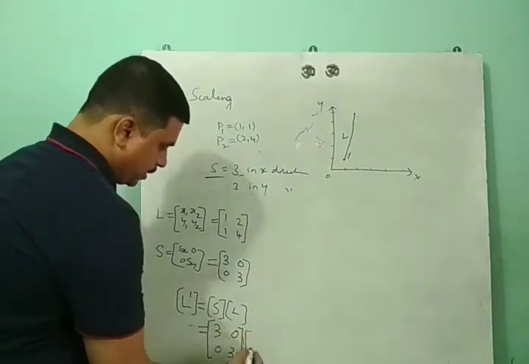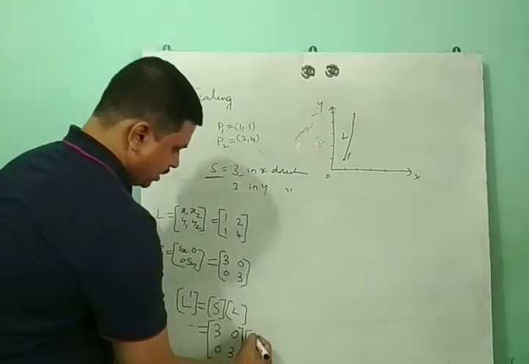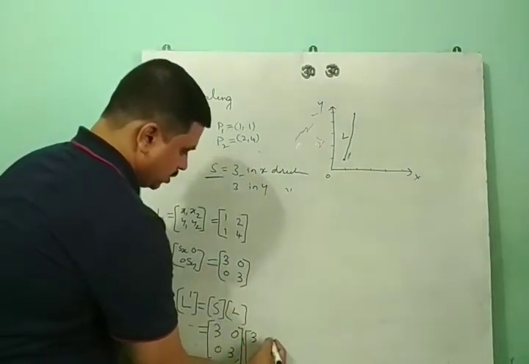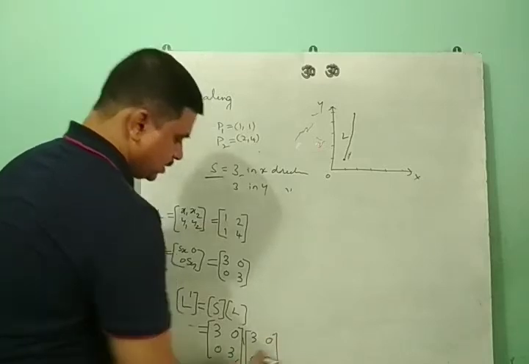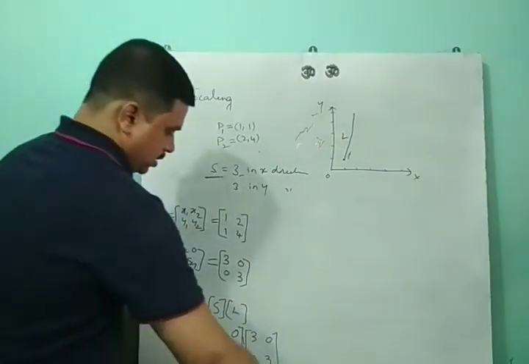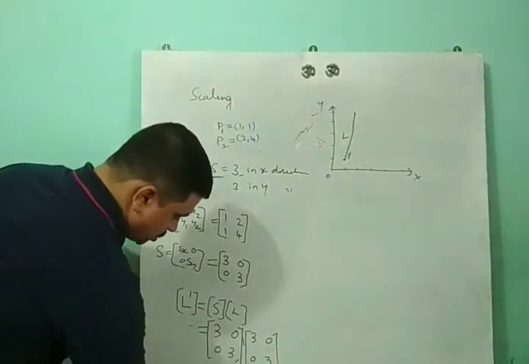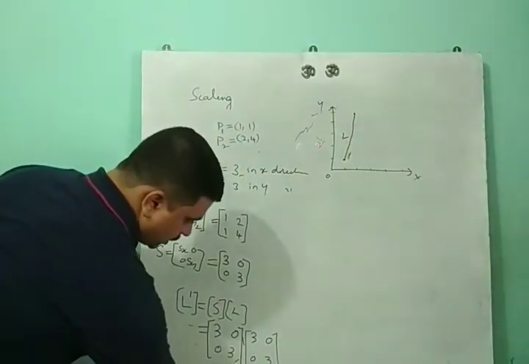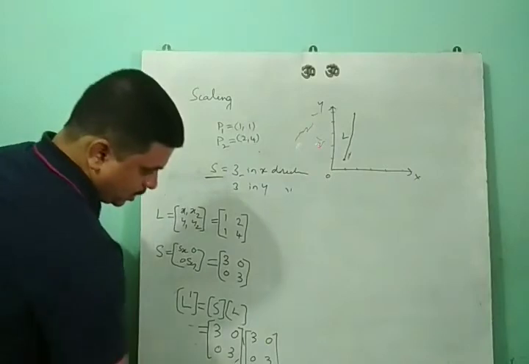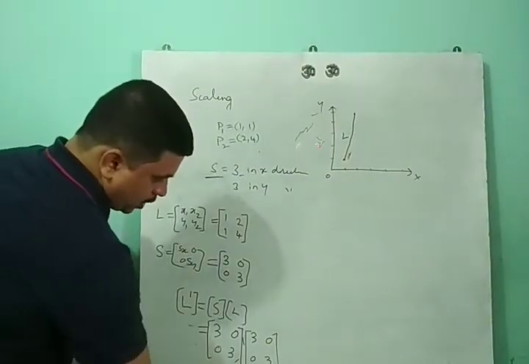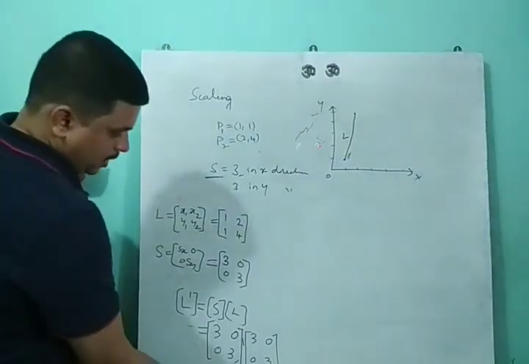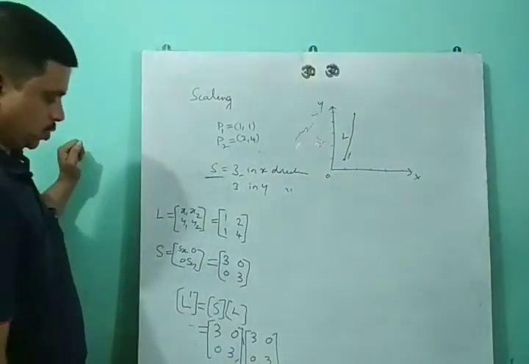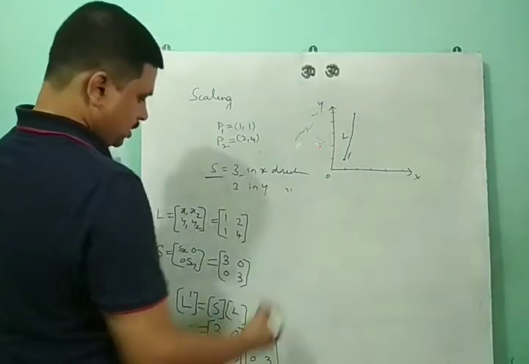Again it is a square matrix, that is a scaling matrix. Here you observe this is a 2 cross 2 matrix, and here also it is a 2 cross 2 matrix. So these two are compatible, we can multiply, and the resultant matrix will be 2 cross 2. So we start the multiplication here.